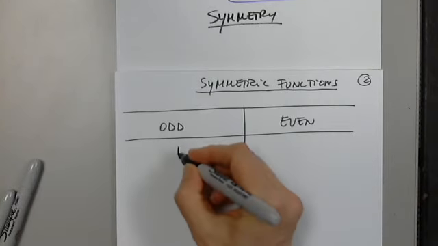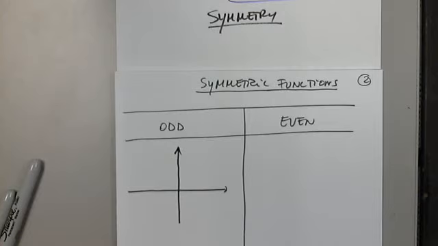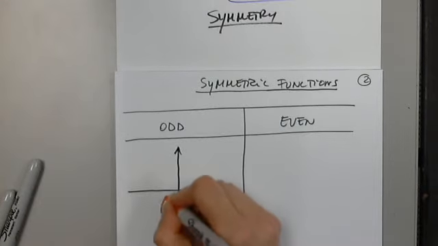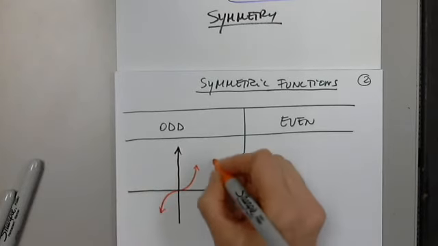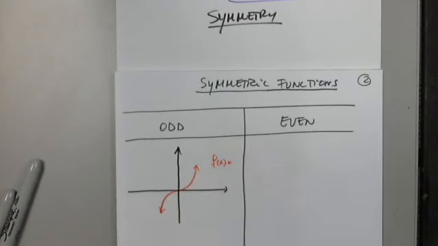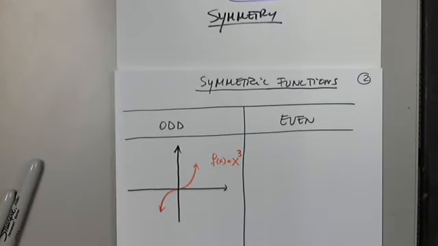So let me graph a function. If you remember what the function is, please let me know. Thank you very much. Very good. So here's what I am going to do now with this graph.